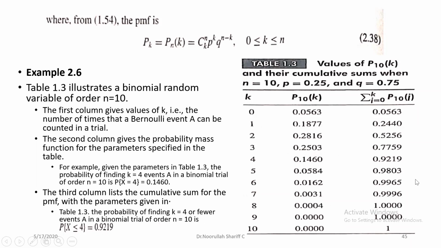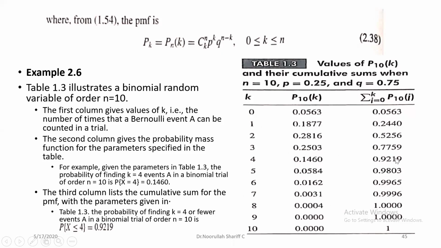P of X less than or equal to 4 is nothing but the sum of all these from 0 to 4. If you add all of these, you will get this.